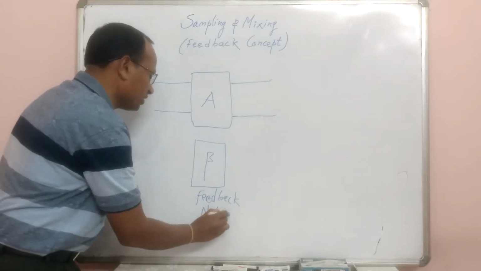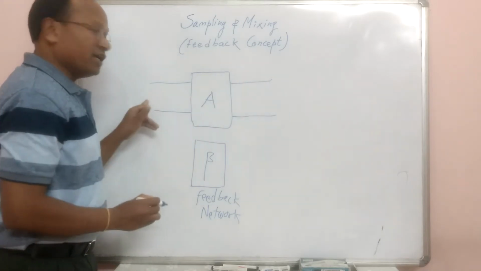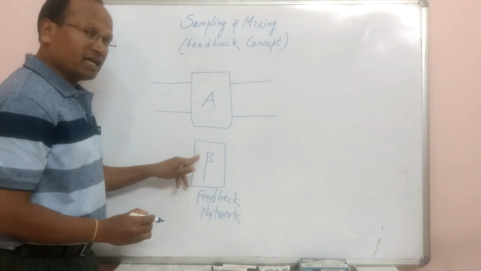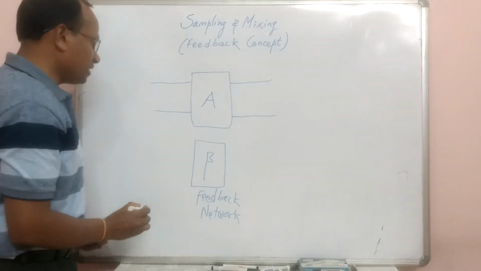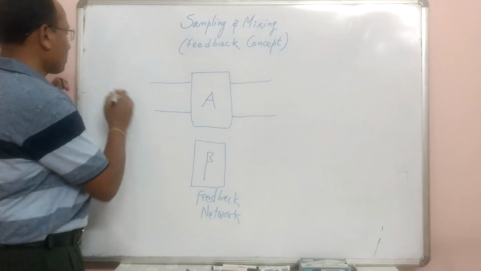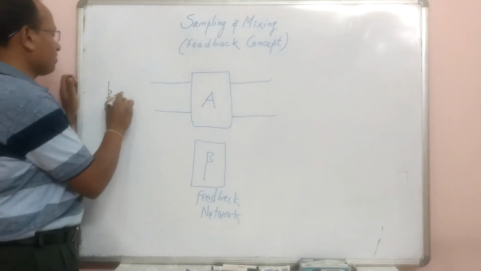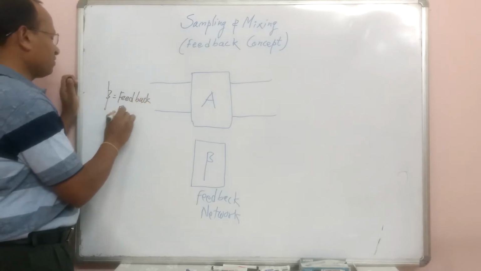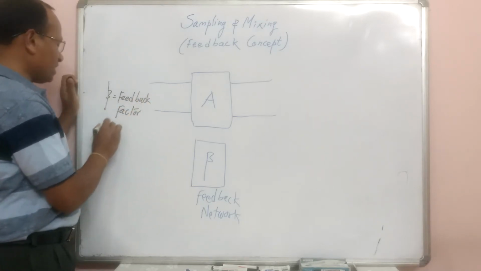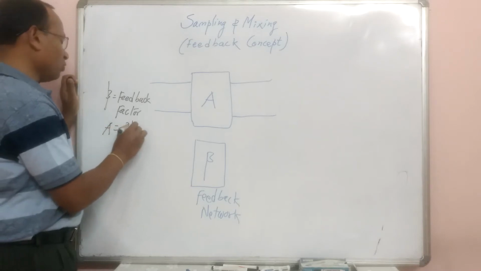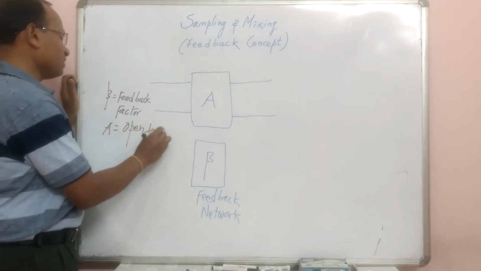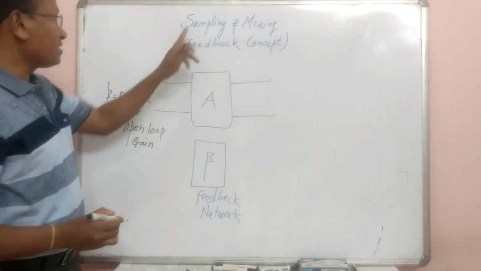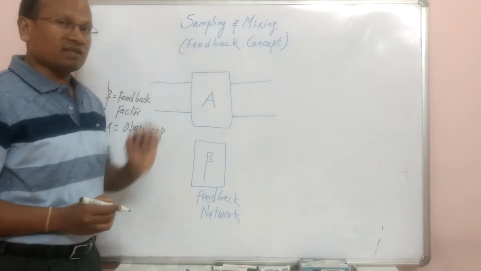This feedback network connects the output and input of the amplifier, and this beta is the feedback factor. What is A? A is the open loop gain. What we are interested in in this topic is how sampling is done and how mixing is done.